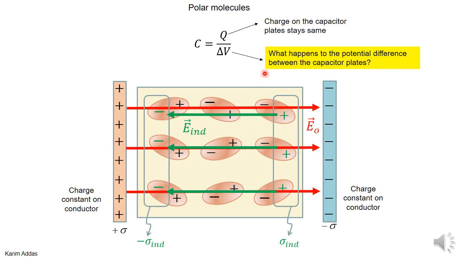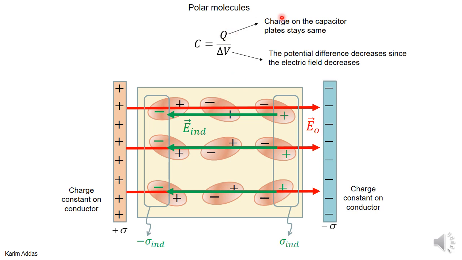So what happens then for the potential difference between the two plates? Well, if the electric field got weaker, then the potential difference will get weaker because the potential difference is proportional to the electric field. The charge on the plates hasn't changed during the process of inserting the dielectric material.